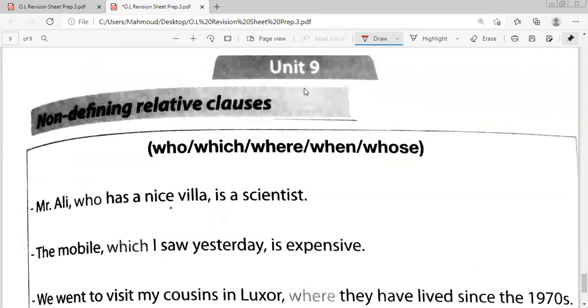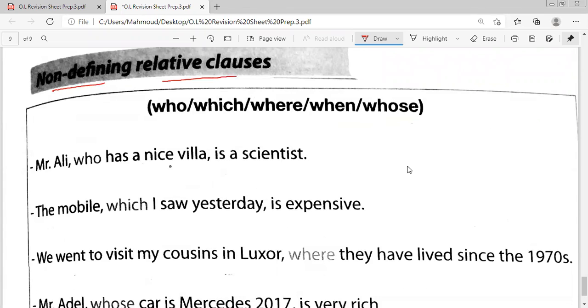And the last point here is Unit 9. In this unit, we studied how to form the non-defining relative clauses. The relative clauses, of course, we can form them by using relative pronouns.